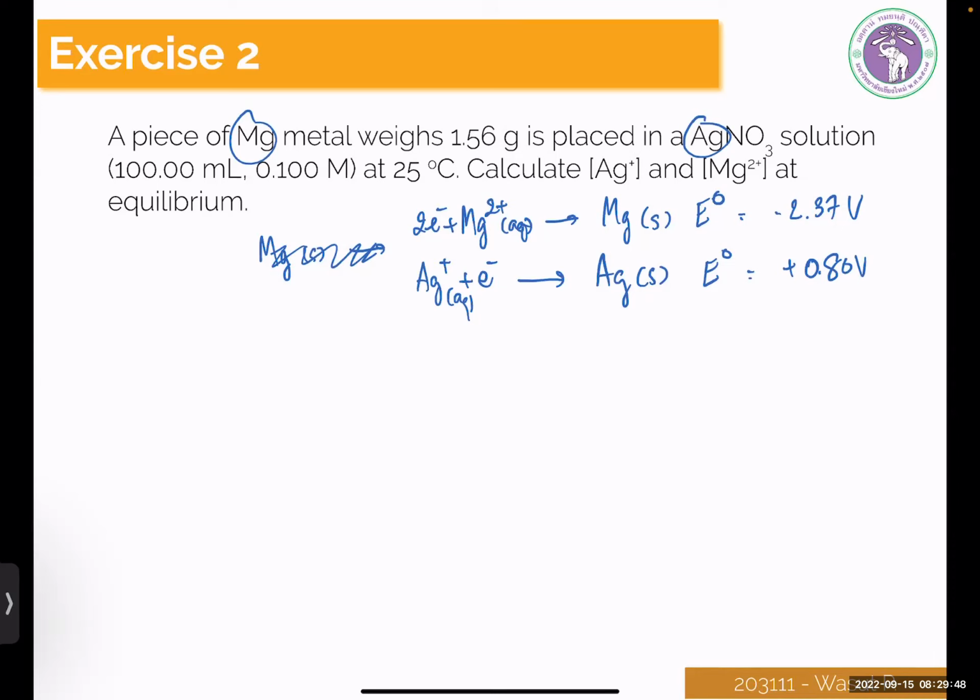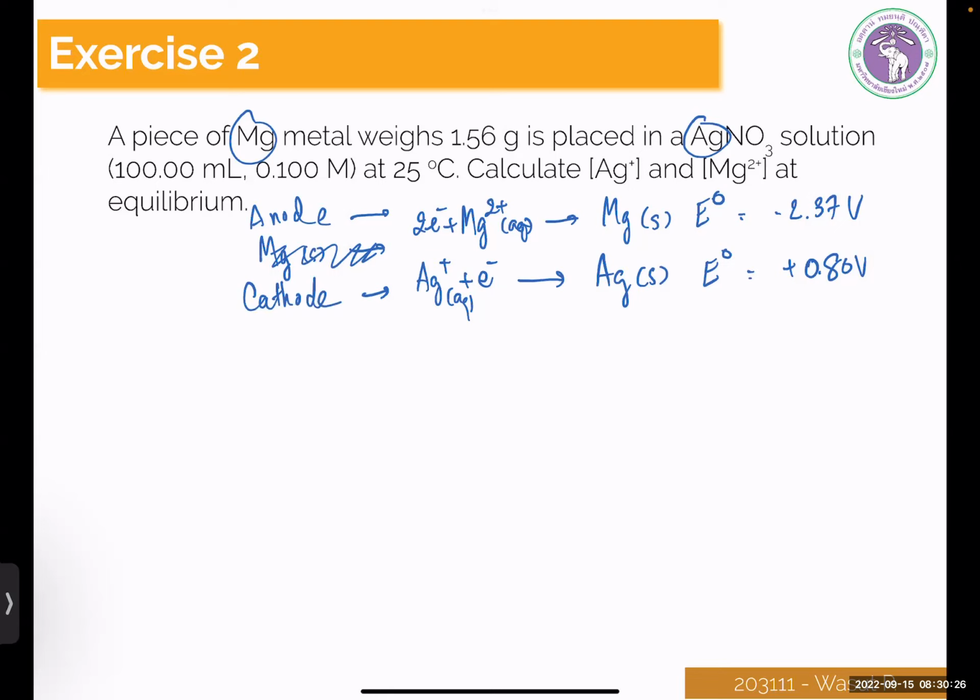As I told you, if you connect two half cells together, the one with the lower value of E naught will always be your anode, and the one with the higher value will always be your cathode. Always the case in the galvanic cell. So the magnesium half cell will be your anode, and the silver half cell will be your cathode, right?